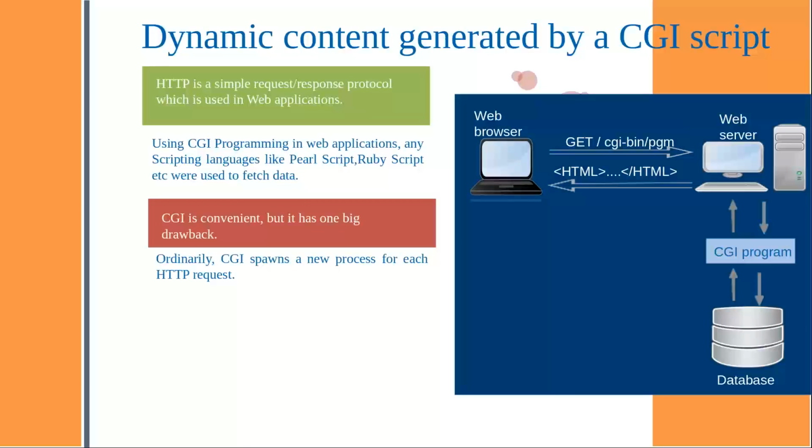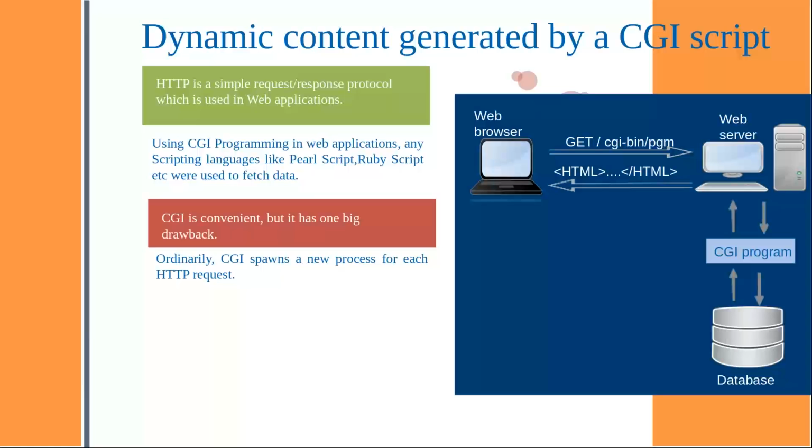Now CGI is a convenient source, but it has one very big drawback, and that is it spawns a new process for each HTTP request. So each request is a process, and the processes are heavy.